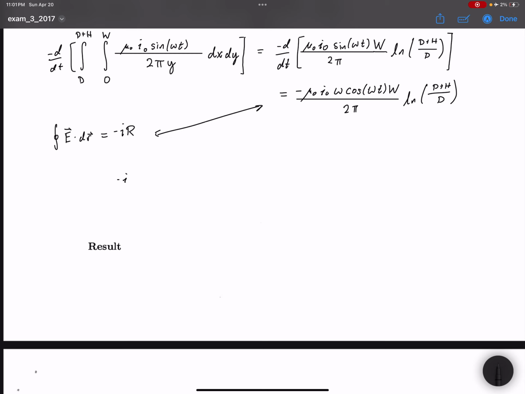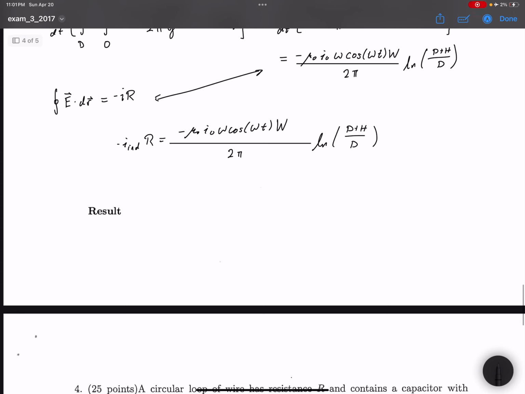So negative I induced times R equals negative mu naught I naught cosine omega t times W over 2 pi ln of d plus h over d. Then we can just divide by R with the negative sign, so we get I induced.